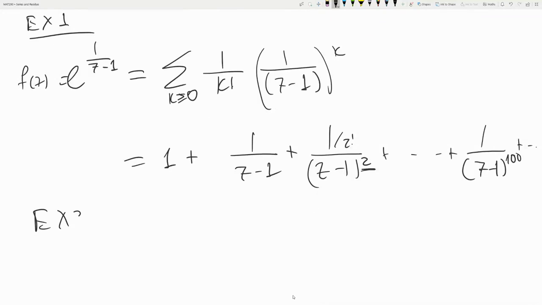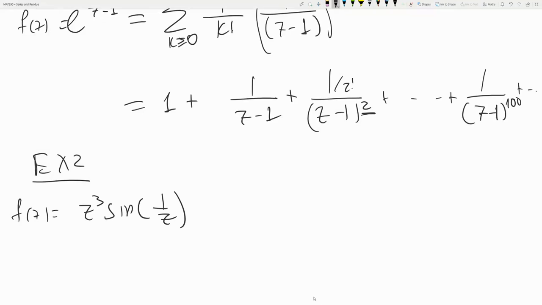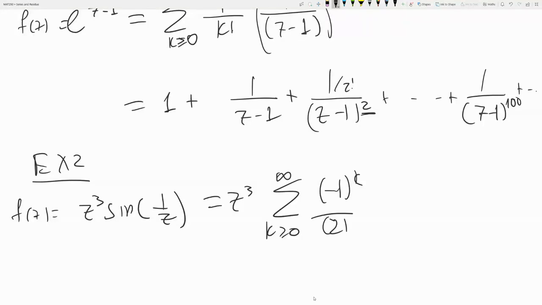Okay, so let's do another example. f of z equal to z to the 3 sine 1 over z. Again, we expand the sine term, minus 1 to the k over 2k plus 1 factorial, and then 1 over z to the 2k plus 1.